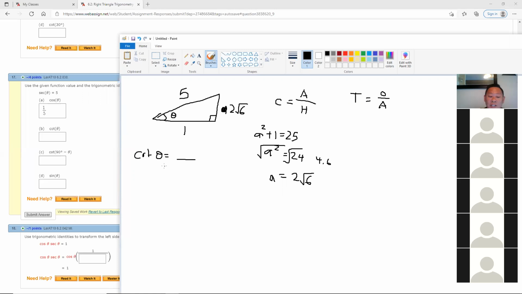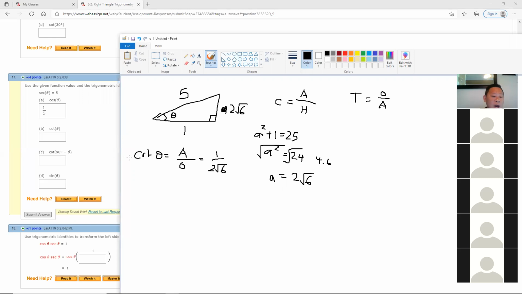So cotangent is adjacent over opposite. What is adjacent in this case? 1 over 2√6.